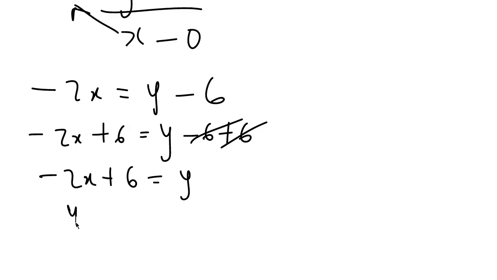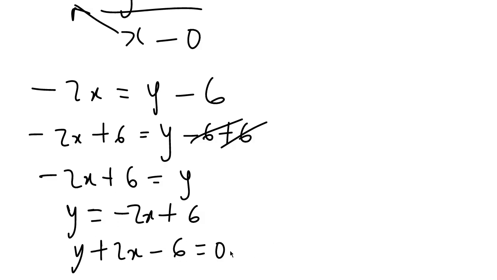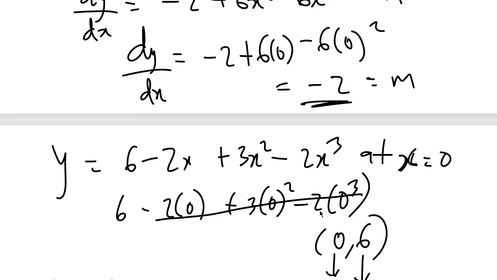And if we want to rewrite, we could still say y = -2x + 6, it is still the same thing. Or we could bring everything to the left: the -2x crosses to the left to become positive 2x, the positive 6 goes to the left to become -6, equal to 0. So this is the equation of the line. Still, all of them mean the same thing, right? This is the equation of the tangent.